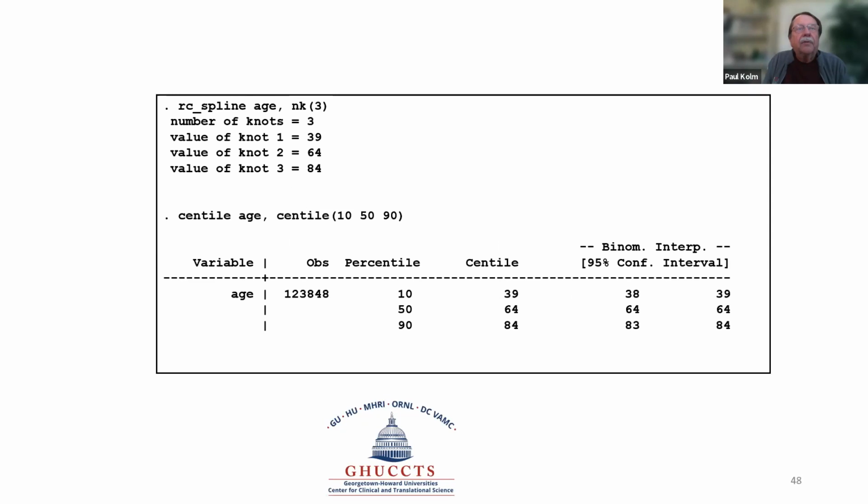So the first thing to do is to look at the nonlinearity of age in this case. And so I use 3 knots. The 10th, the 50th, and the 90th percentile come out to be age 39, 64, and 84. So those are my knots in my spline function.